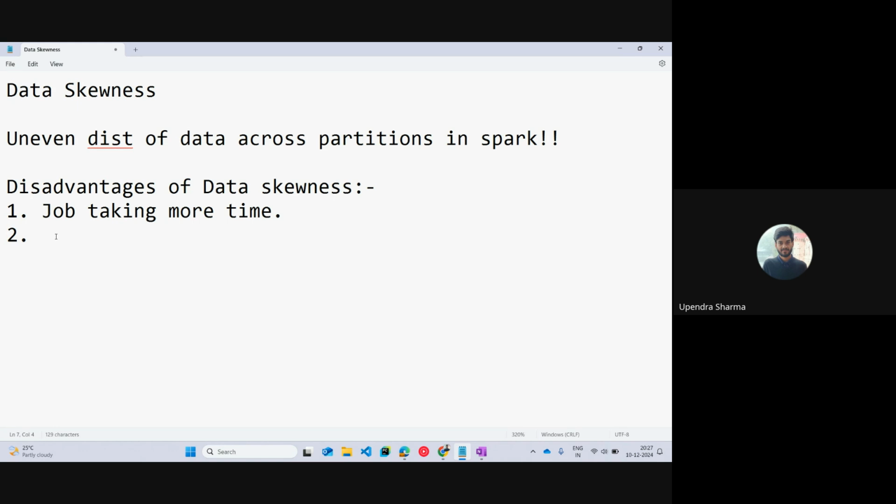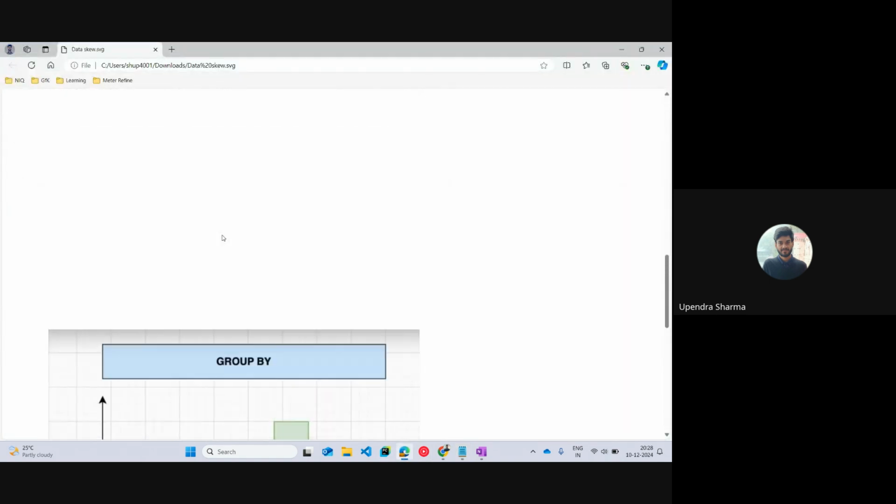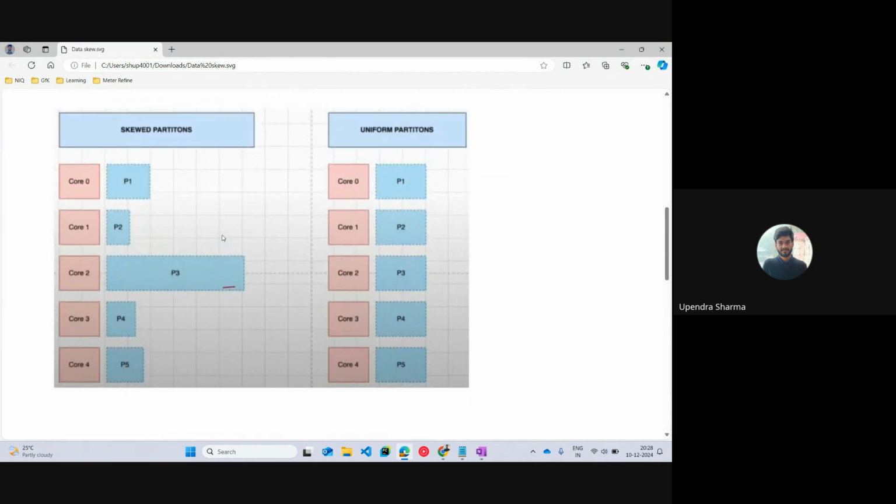Second point could be uneven utilization of resources, right? Data skewness can also lead to uneven utilization of resources because, as I mentioned, in this example we had 5 cores.